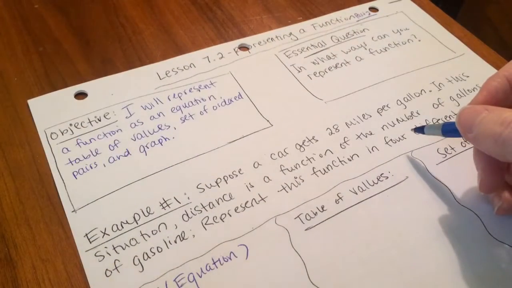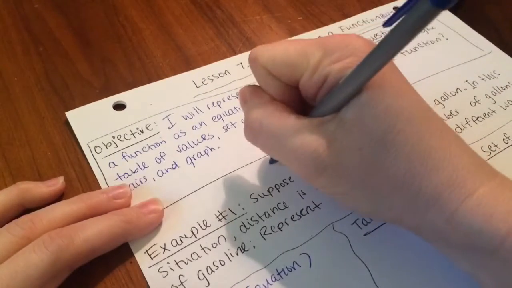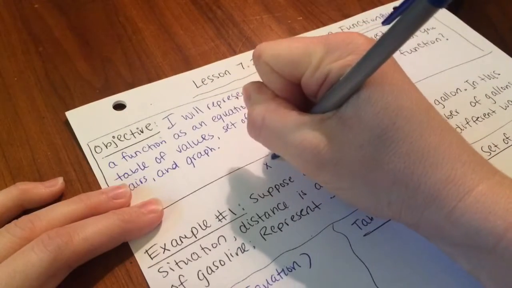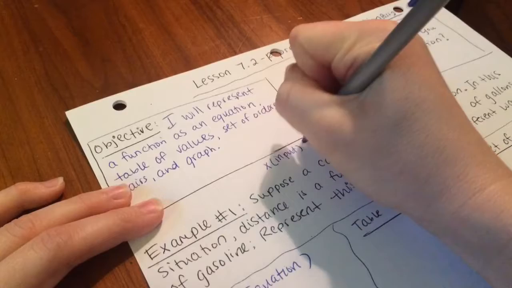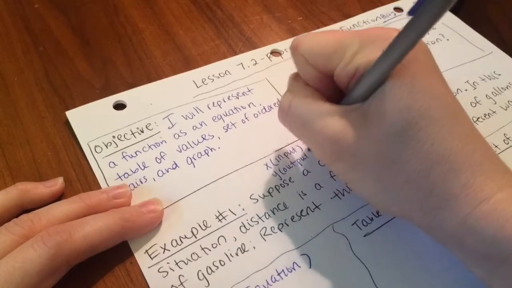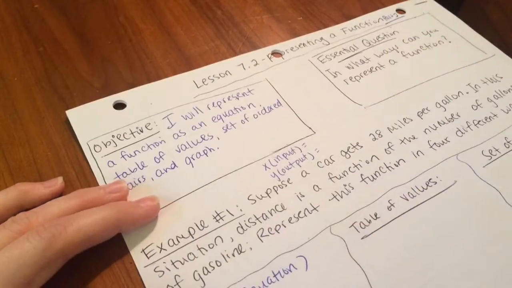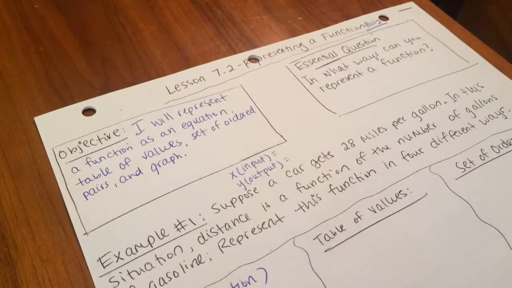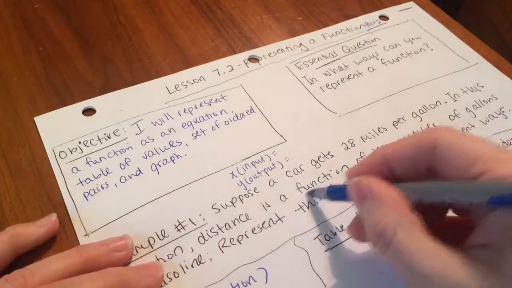Okay, so let's look back at our example. Remember, when we deal with functions, we need to figure out what the input, which is the x, and the output, which is the y, represent. Remember, you have an input and an output when we're dealing with a function.